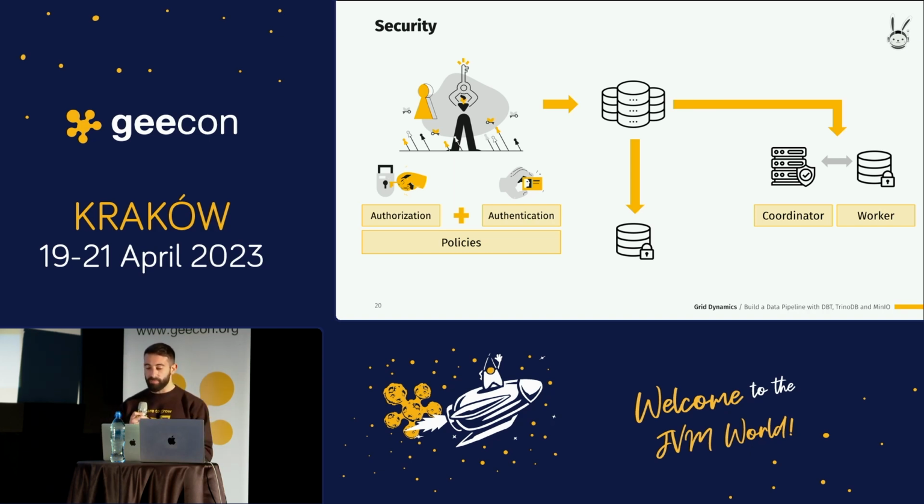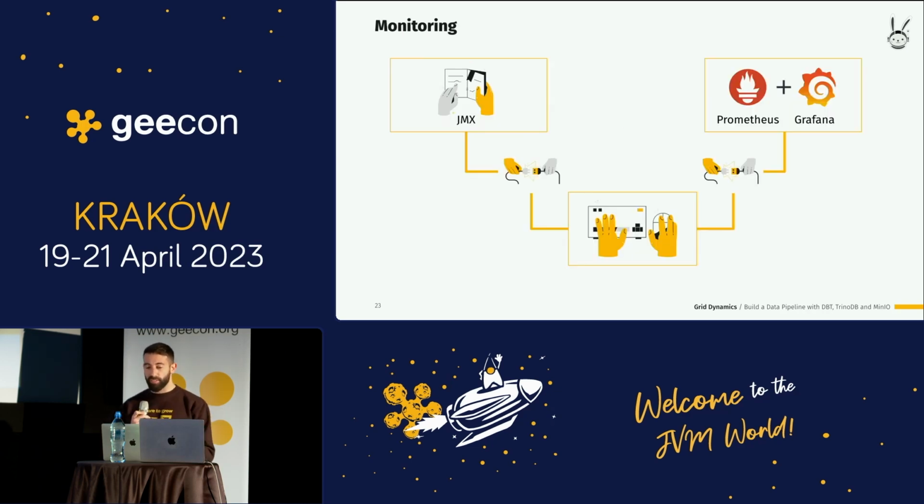All right, so in the next part, we will talk about something that you want to have when you work with this kind of infrastructure, and that is the monitoring part. Of course, Trino supports, as I said before, a connector to JMX, so you can query, using SQL, again using Trino, the metrics of what is going on.